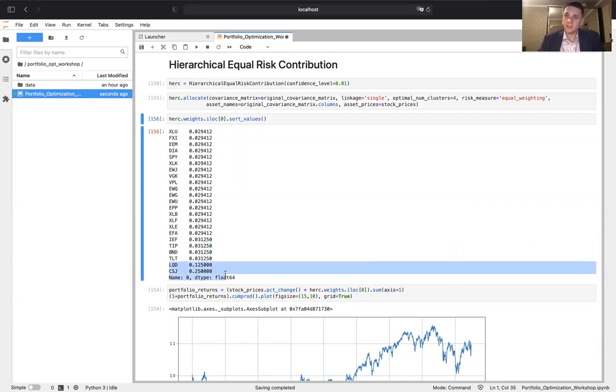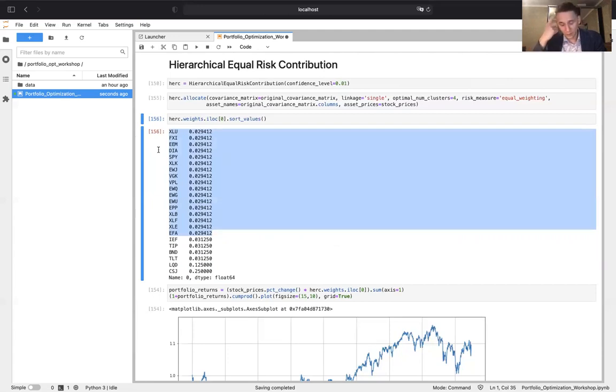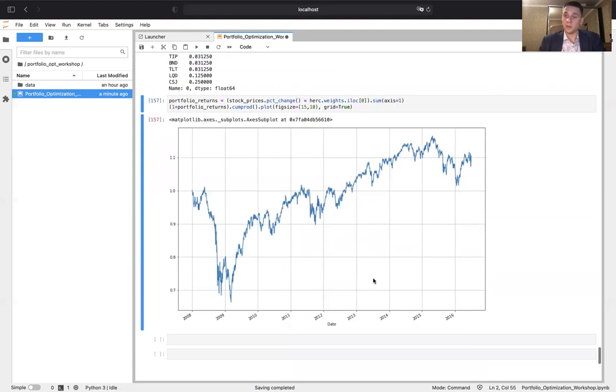And here you can see how the Herc algorithm is different from HRP, because inside of this cluster, instead of naively splitting our assets into twos, as is done in HRP, the algorithm allocates the equal weighting scheme to the whole cluster, regardless of the number of assets in it. So in this case, the algorithm is staying true to its dendrogram and clustering structure, right? And right now we can backtest our portfolio.